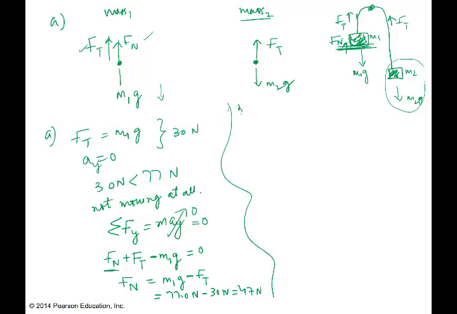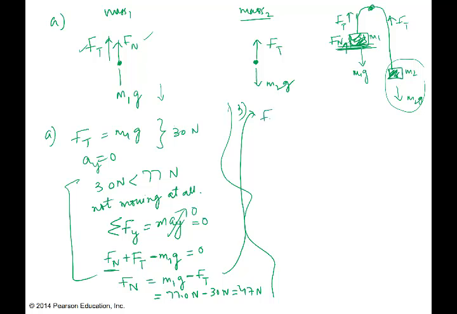Then we go ahead and look at B. If I change the tension force on the other side to 60 newtons, we simply modify this equation without doing all these steps. We know what we are doing now.